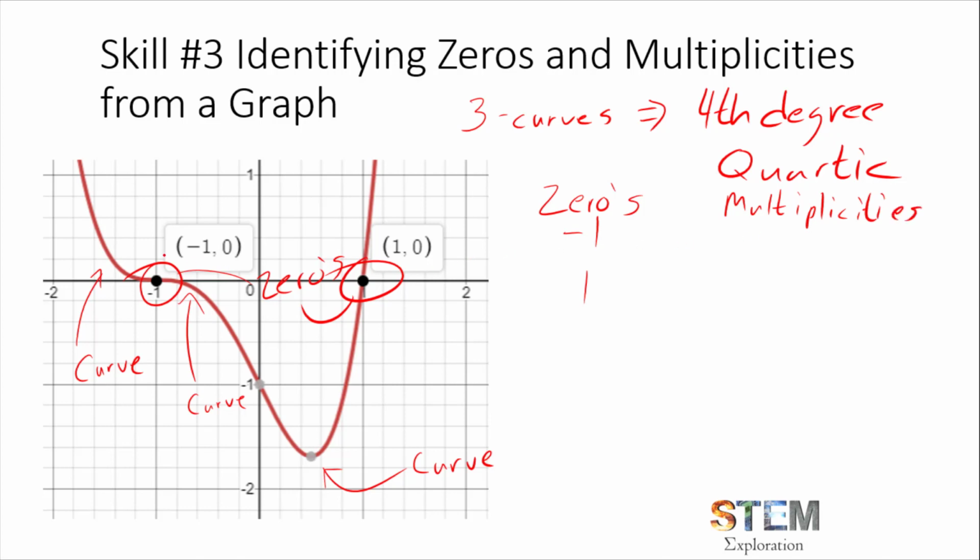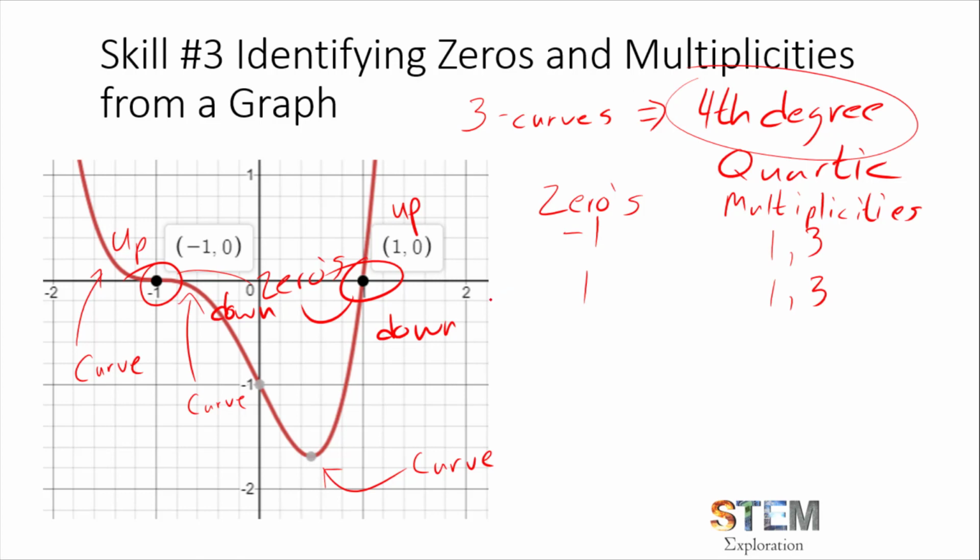Again, you need to look at the end behavior. You need to see the up and then down for this root, and the down and then up for this one. So we can see that the options are either 1 and 3 or 3 and 1. And the sum of these multiplicities needs to equal 4 because this is a 4th degree polynomial.